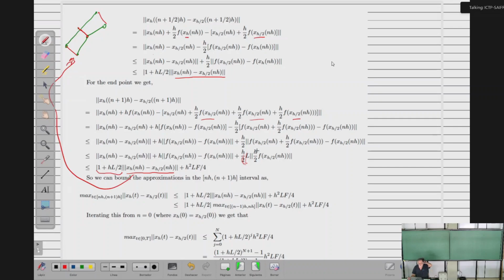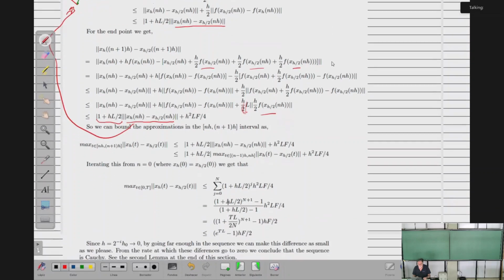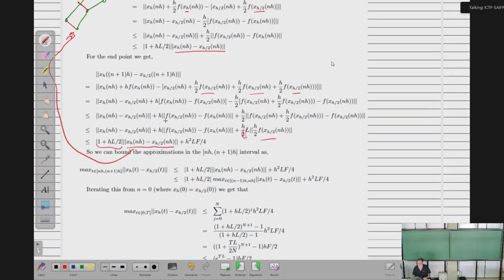And then we have this other factor that comes from here, right? Here you have the f only, but you have h squared over 4 times the Lipschitz condition times the maximum of this f. So we can bound this maximum by just the sum of these things. So you get this thing here. Well, not the sum, really. This is the same factor that we have here.